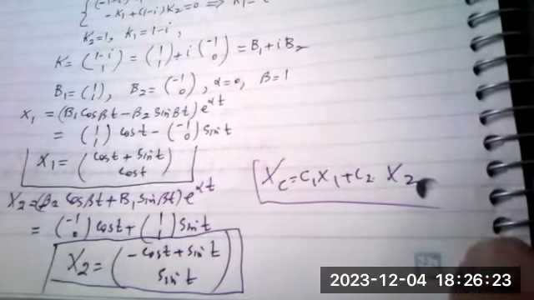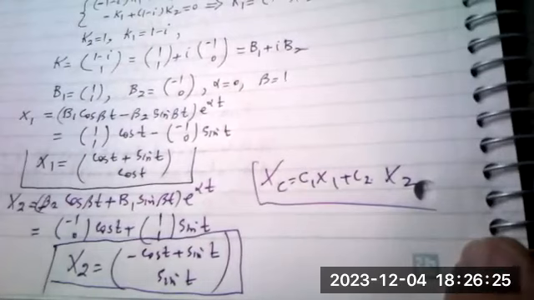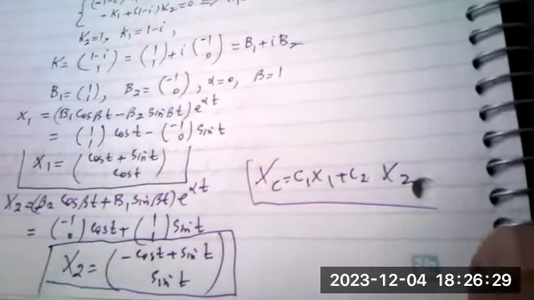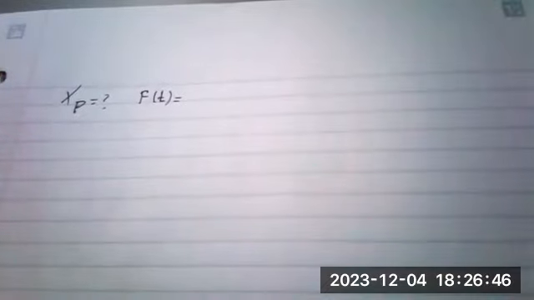Introduce the xp, then substitute the xp and its derivative into the general system and find those coefficients. So the next part is how we're going to find the xp. We look at the f of t that you have. That extra term is a constant vector, negative 8 and 3.